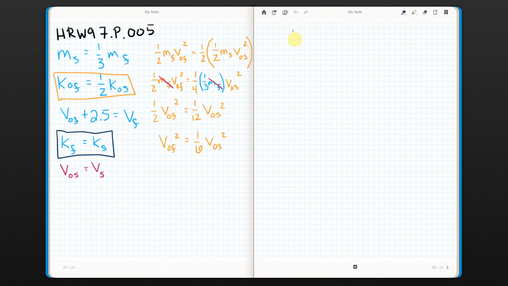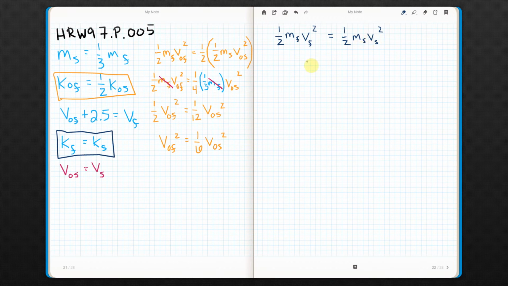The kinetic energy of the father. The final kinetic energy of the father is 1/2 the mass of the father times the final velocity of the father squared, which equals KS. That's going to be 1/2 the mass of the son times the final velocity of the son squared.